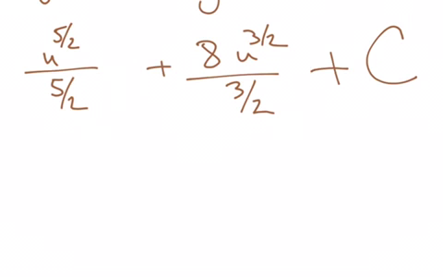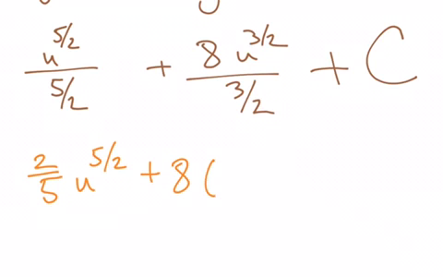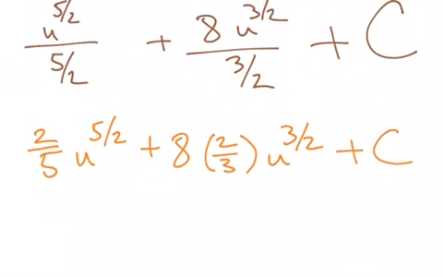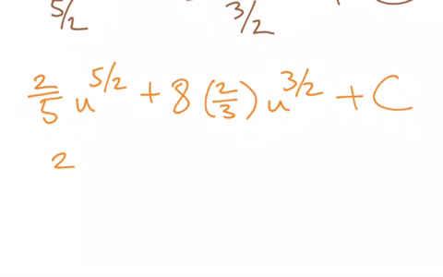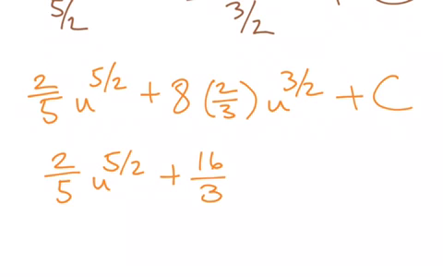So from here, clean it up. 5/2, since it's in the denominator, is the same thing as 2/5 u to the 5/2. 8 times the reciprocal of 3/2 is 16/3. u to the 3/2 plus c. So this gives me 2/5 u to the 5/2 plus 16/3 u to the 3/2 plus c.